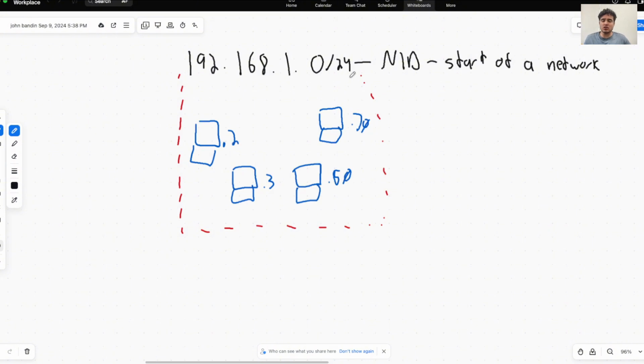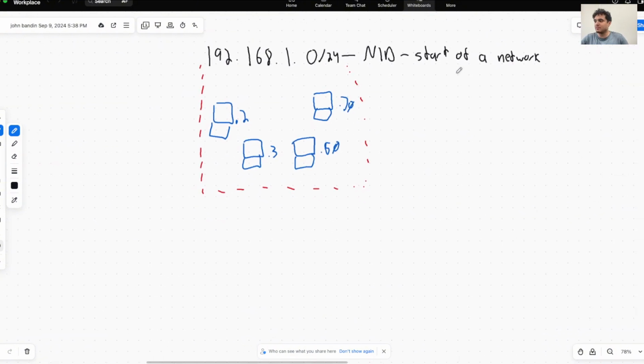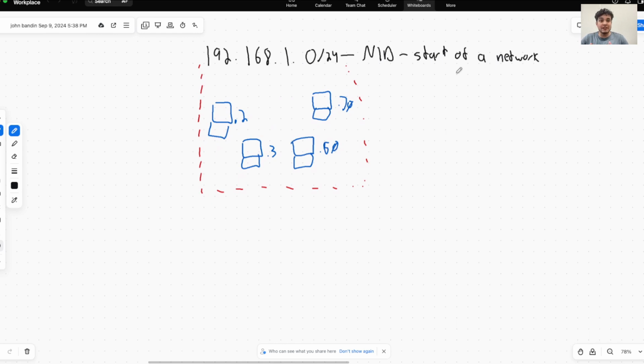A /24 means that there are 24 network bits that represent the network portion, and 8 zeros or host bits that represent the host portion. So let's write out our subnet mask in binary and in dotted decimal, and let's go over what the network portion is and the host portion. So I'm going to write a couple things out here. Our subnet mask.